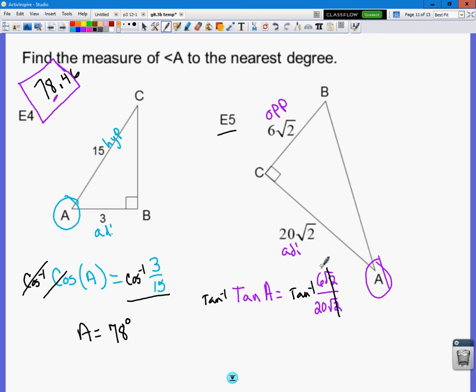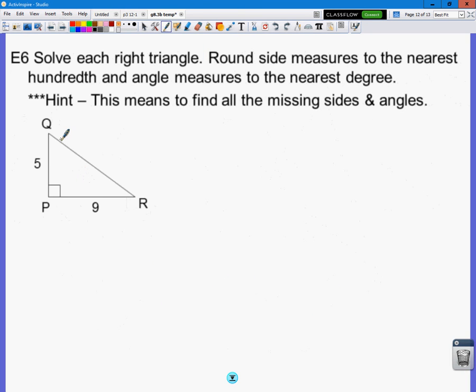So what I'm going to key into the calculator is right here. And A should come up equal to 17 degrees. Questions on example 5? And we're going to go to example 6.